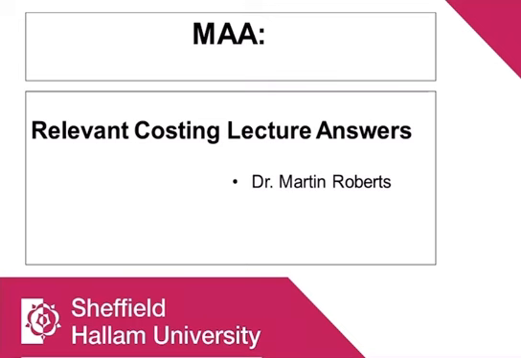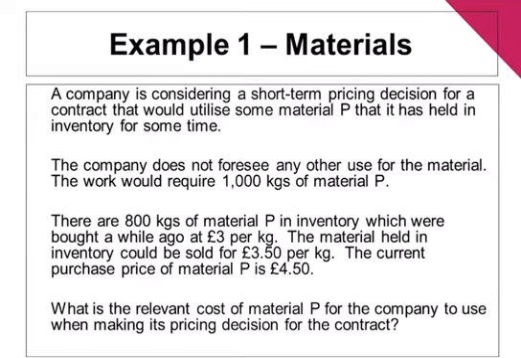Okay, so first one, example 1, lots and lots of words to this as always. And what will make you laugh is that the answers are very, very straightforward and actually quite simple. All it is, is making sure that we read the question properly.